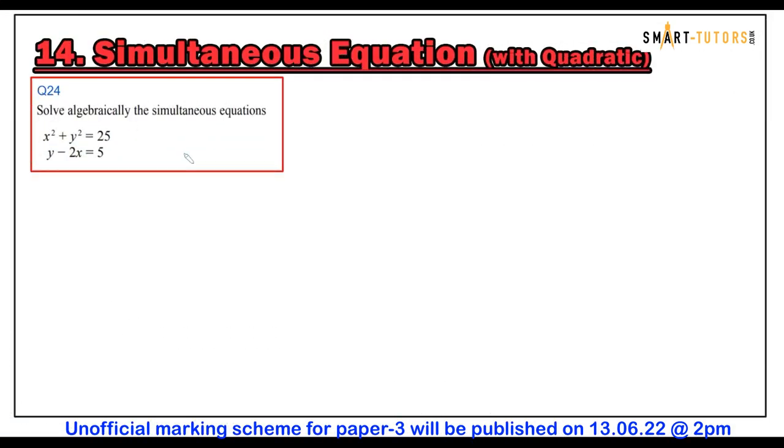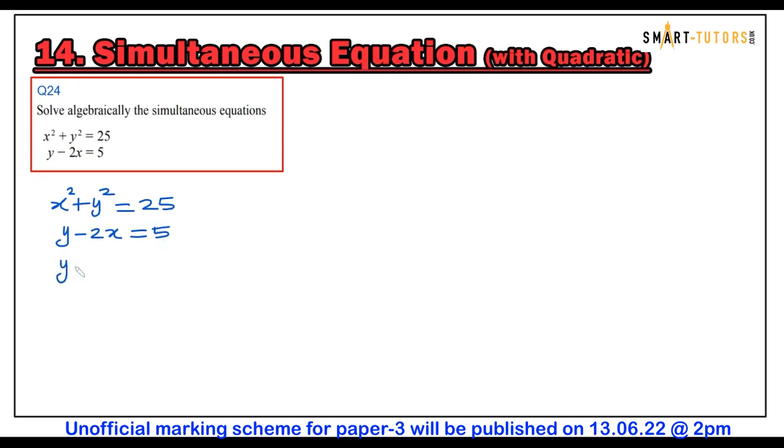Topic number 14, simultaneous equation with quadratic equation. So solve algebraically the simultaneous equation. You can clearly see one of the equations has the square, which is the quadratic one. So x squared plus y squared equal 25 and y minus 2x equal 5 is the linear equation.